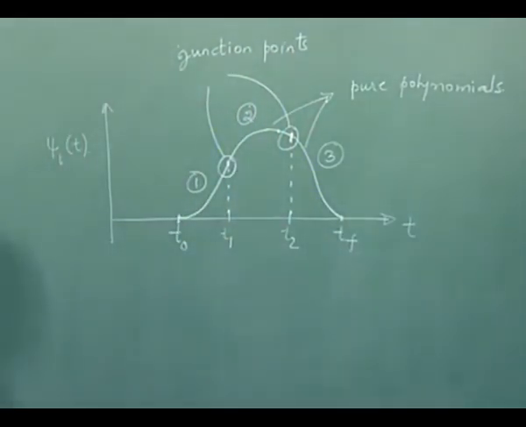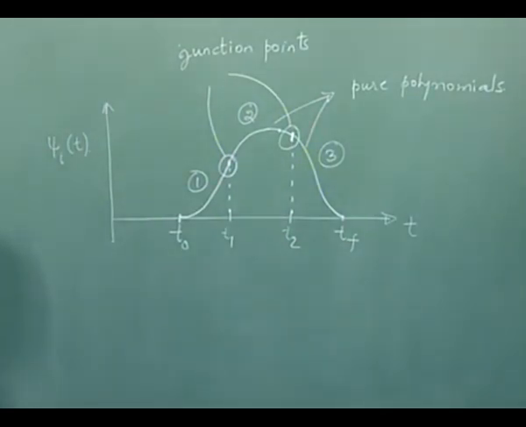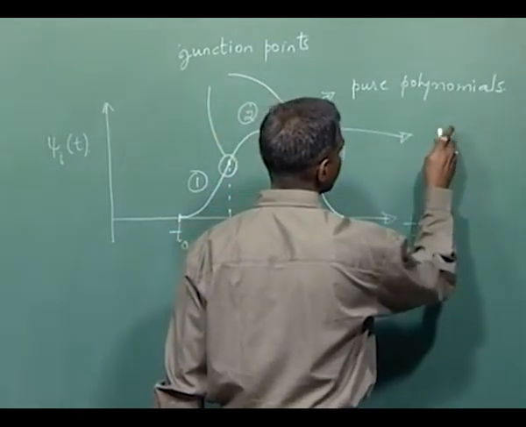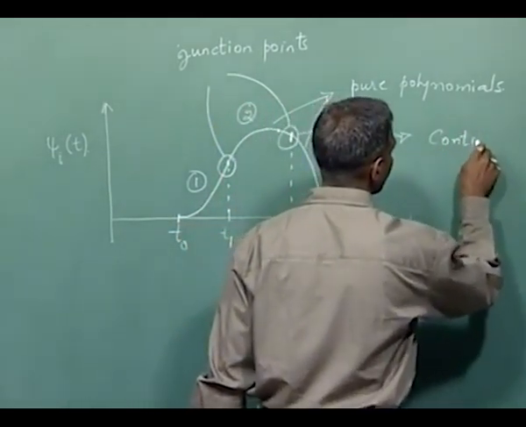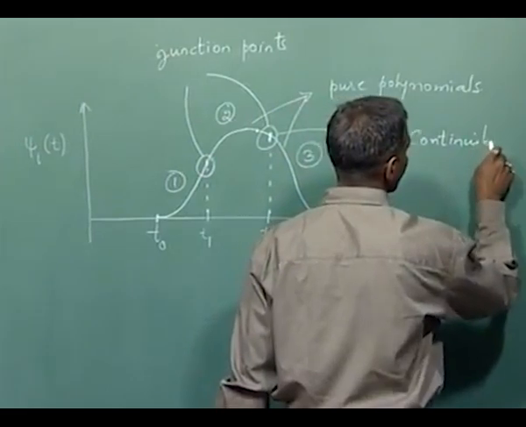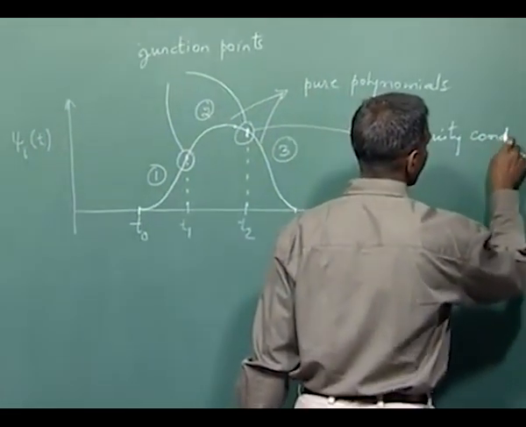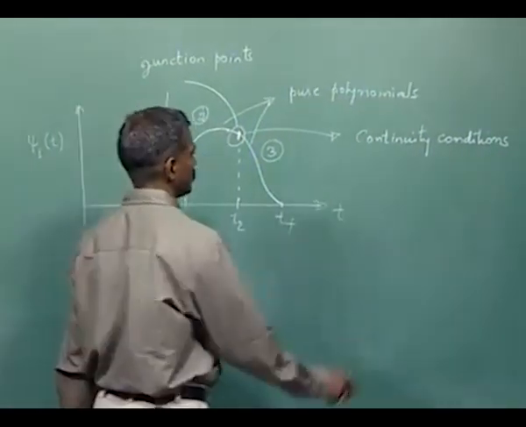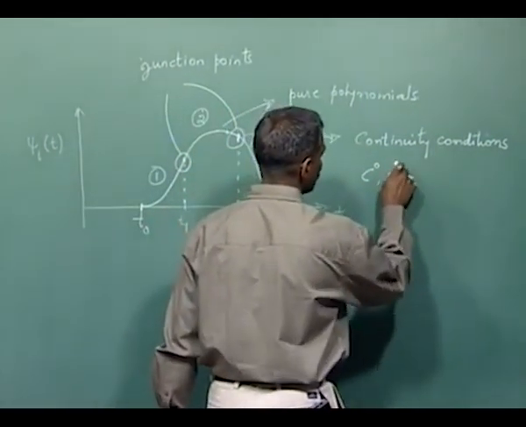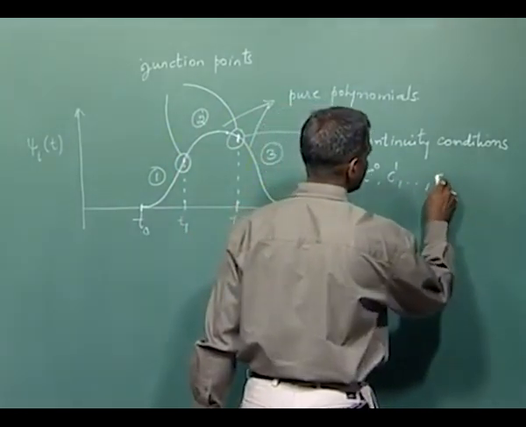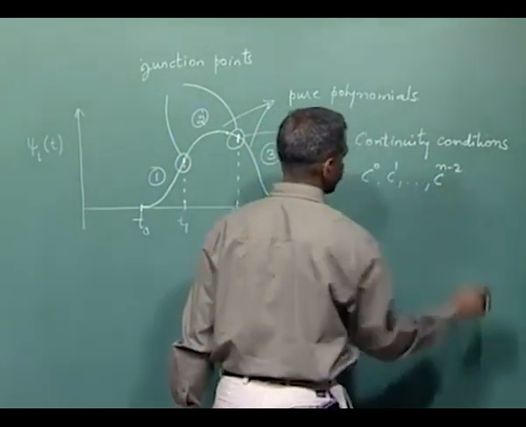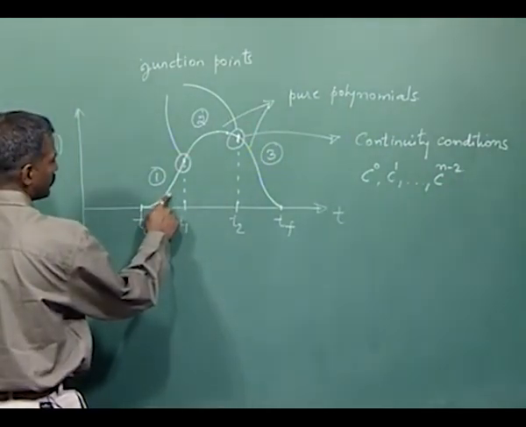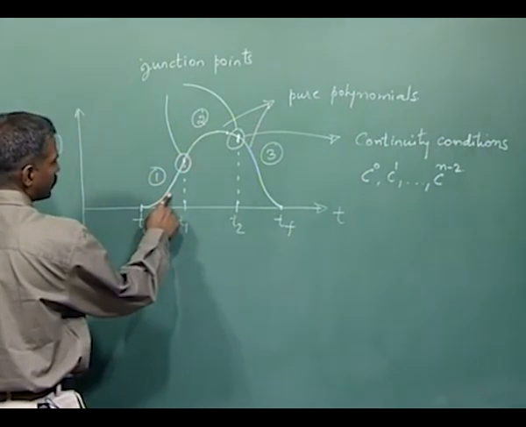And like we had discussed in the case of Ferguson-Bezier curves, we will have to impose continuity conditions: C0, C1, up till C^(n-2), in case this bell-shaped curve is an nth order spline.